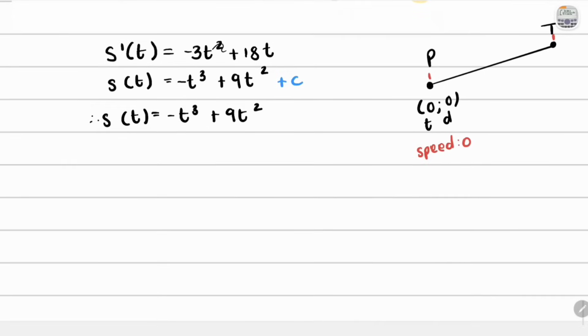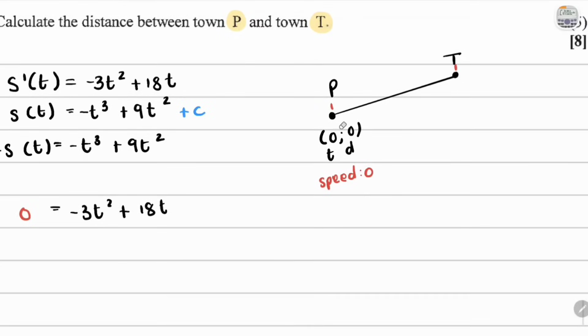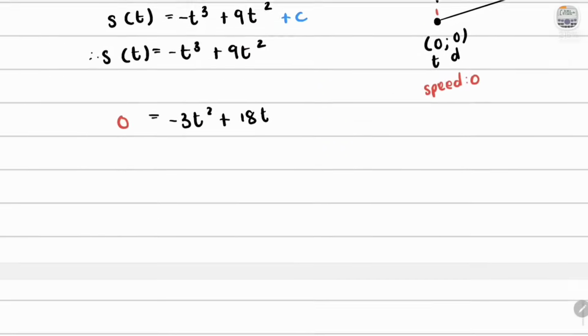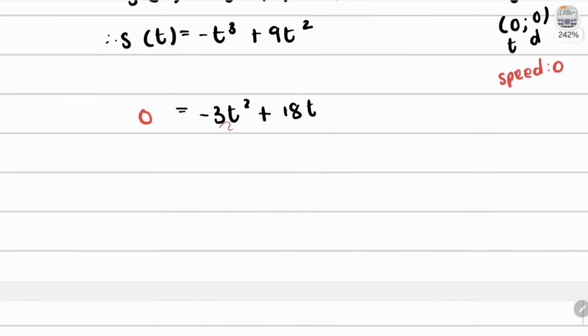So how about we make speed equal to 0 in this equation? We're going to say 0 is equal to, and we put down the formula for speed and find out where the speed was 0, because we just want to find out what t is. We know what p is, but we need t. So we might as well divide both hand sides by negative 3.